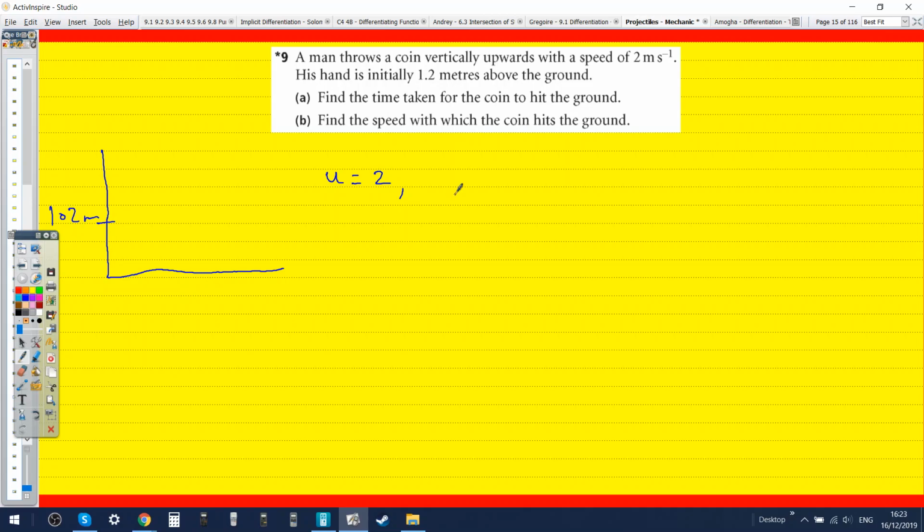Does that mean V is minus 2? V will be minus 2. You know the way it's thrown from here, and it goes like that. V will be minus 2 here.